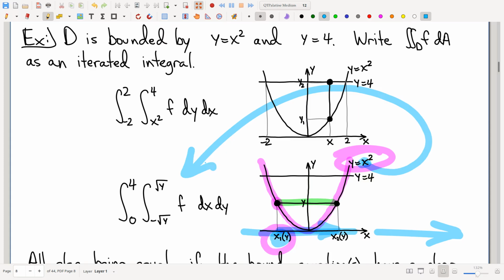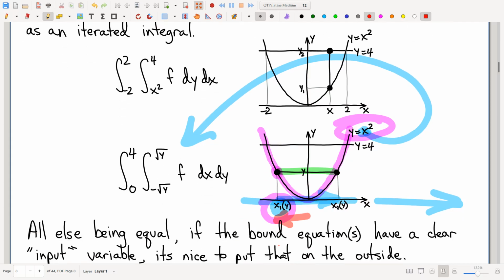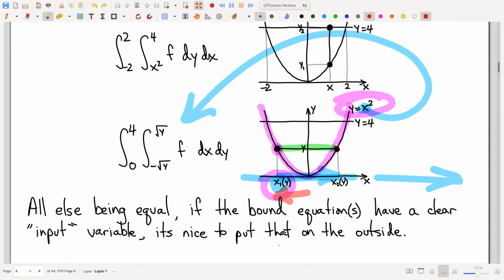Again, you have to look at the picture and let the picture be your guide as to, wait a minute, do I want the plus or do I want the minus? I can just see right here in the picture that clearly I'm looking for the negative one, because I'm looking for the lower bound, and the picture clearly shows that, and so therefore negative square root of y. Everybody happy?